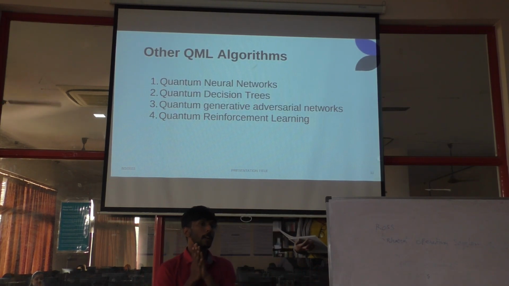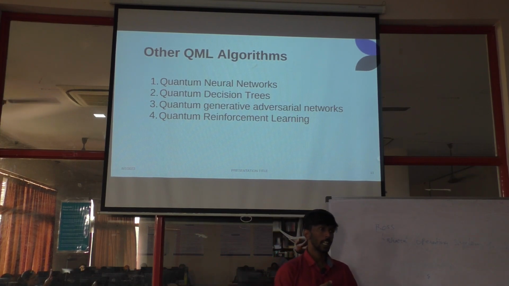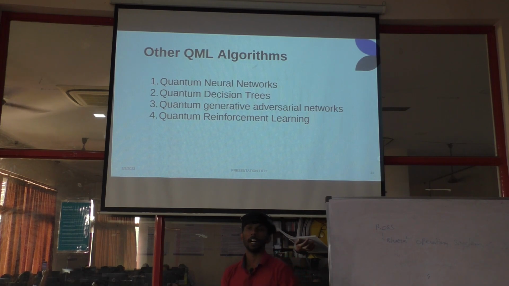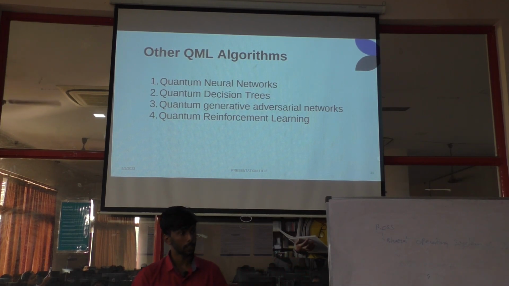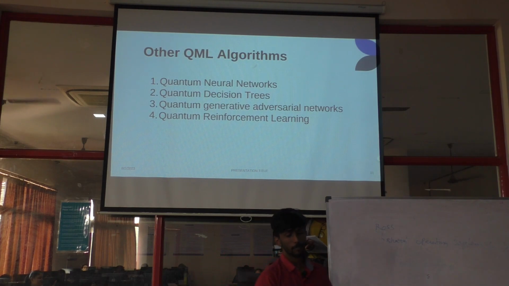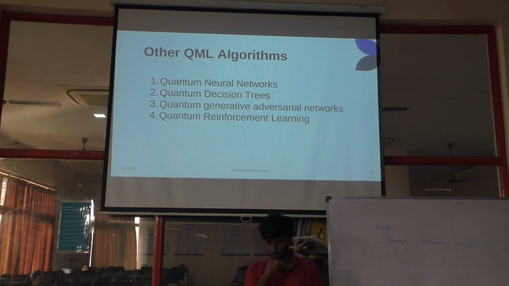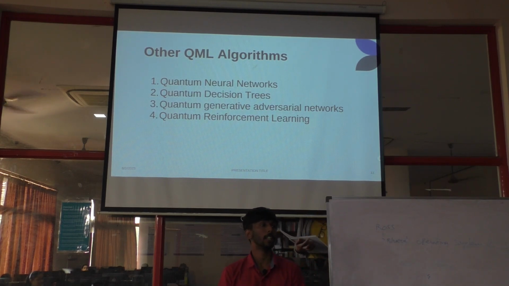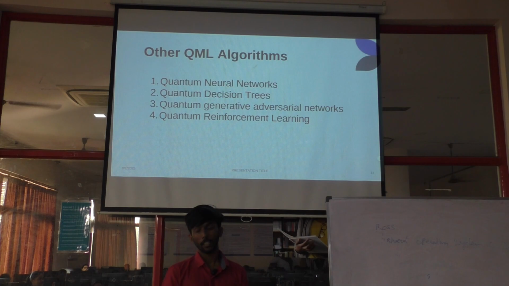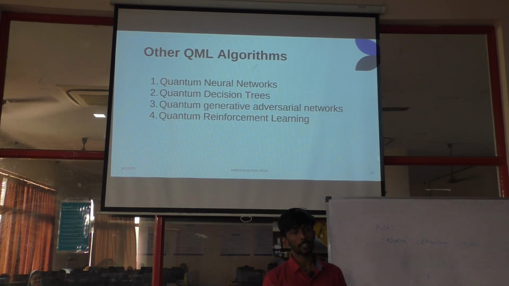Now there are actually different QML algorithms out there, not just QSVM. There are algorithms for quantum neural networks, which is similar to neural networks but has a very slight twist.